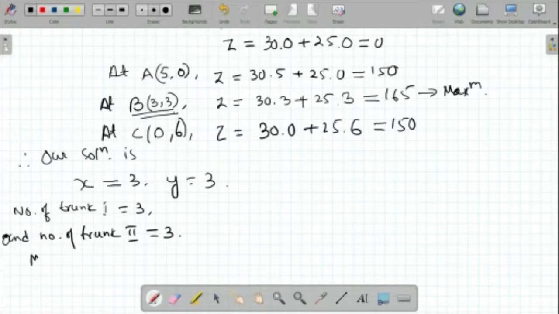And what is the maximum profit you can earn? The maximum profit is this value, 165 rupees. And this is how we solve the question paper of the linear programming problem for the year 2011.